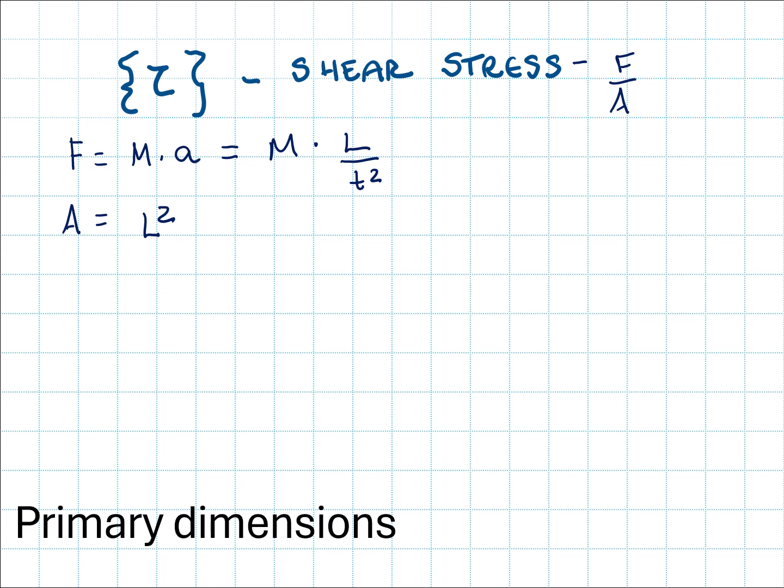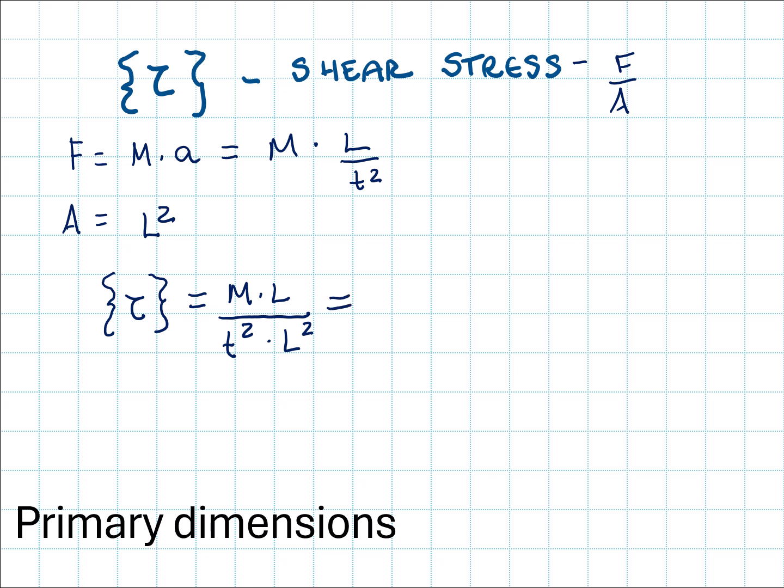So if I want to express my primary dimensionality of shear stress, tau, and when I'm writing these little funny brackets around tau, it's notation that means primary dimensionality of tau. So now I put together my force and my area. So I've got a mass times a length in my numerator, and then I've got a time squared and another length squared in my denominator.